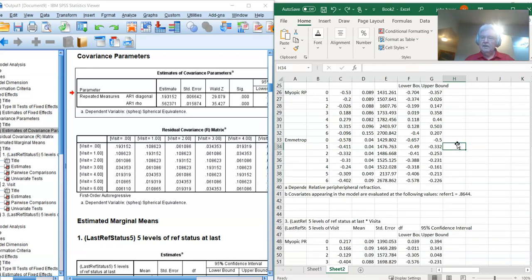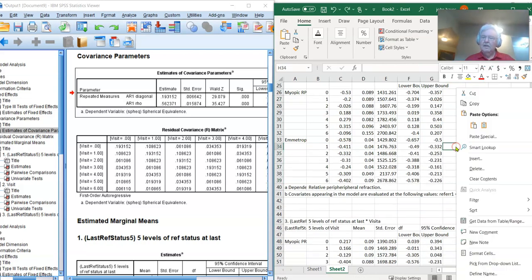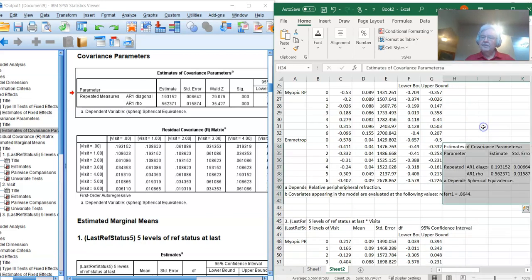Right click, paste. All right, now we're going to get our standard deviation, which we need for the effect sizes.